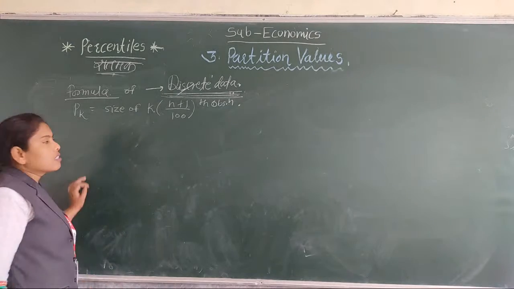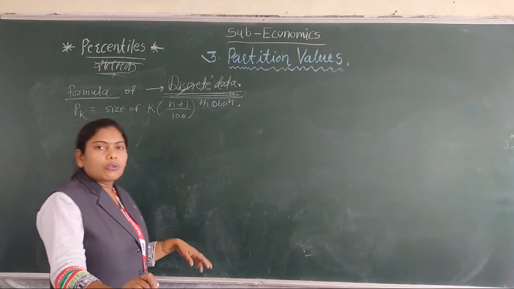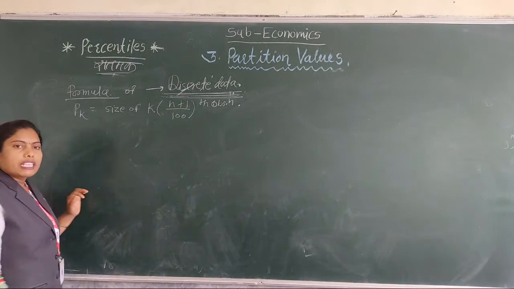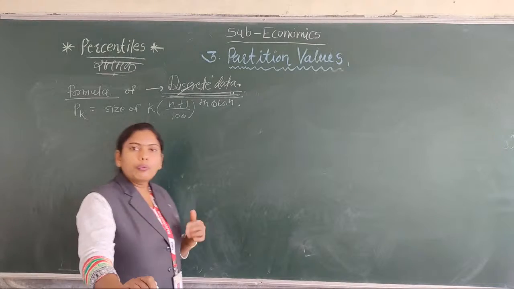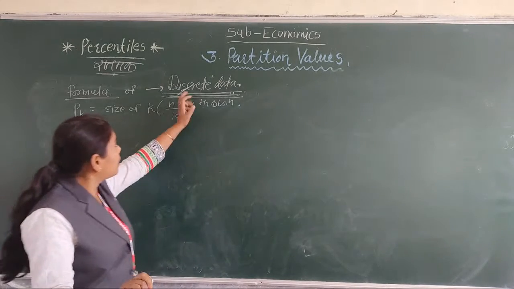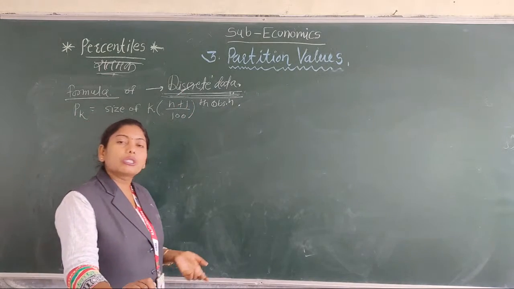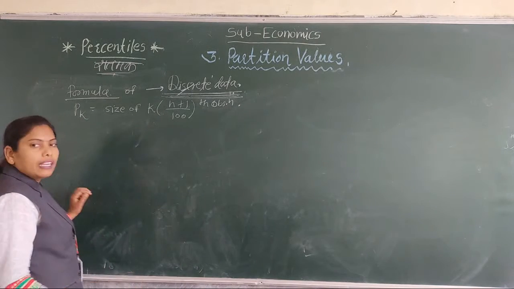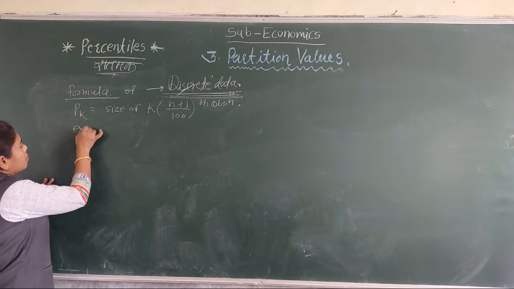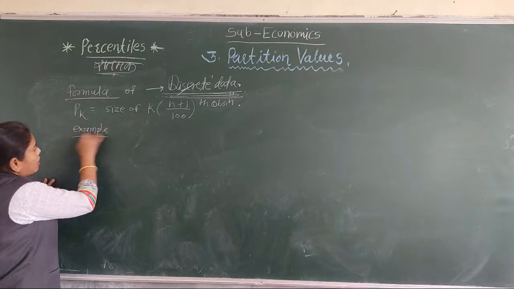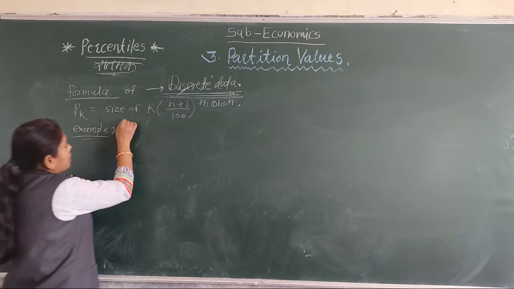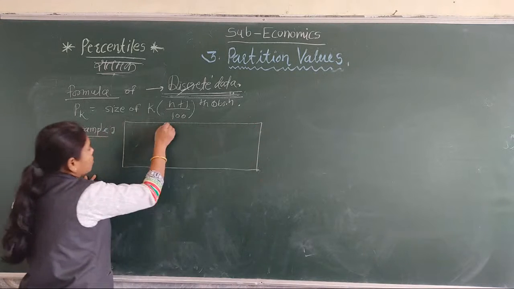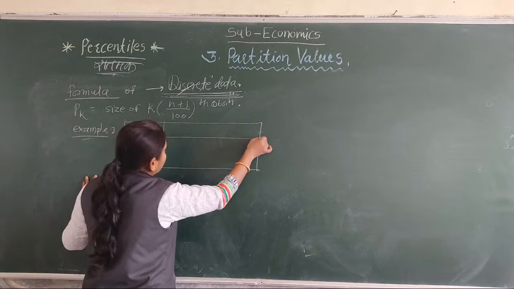Okay. This formula is used to calculate the discrete series. Now I will explain the ungrouped data concept, meaning the discrete data concept, by using a suitable example and then calculating it. Okay. Example number 1. First of all, write down the discrete data.